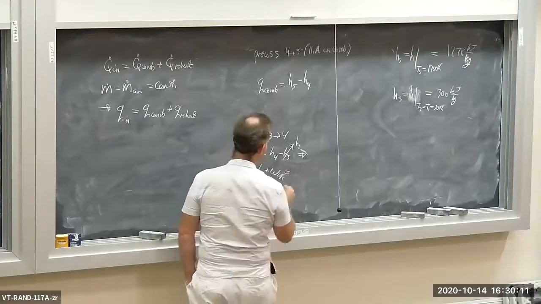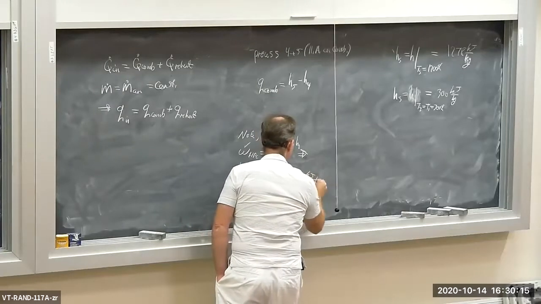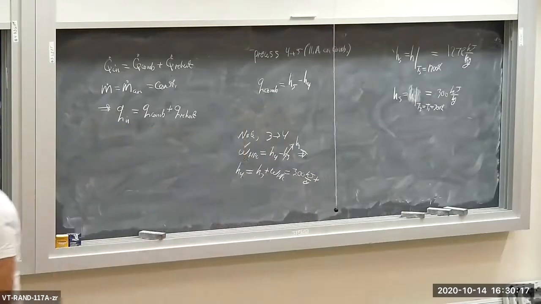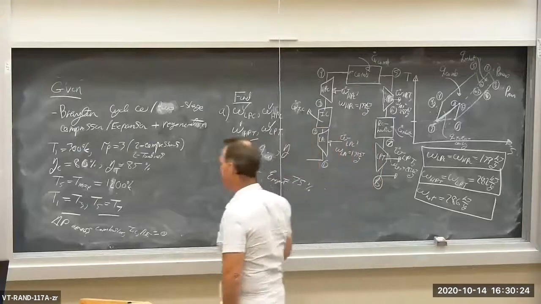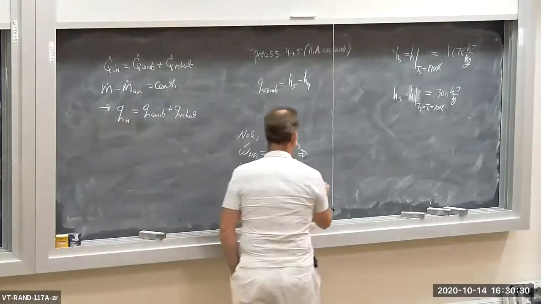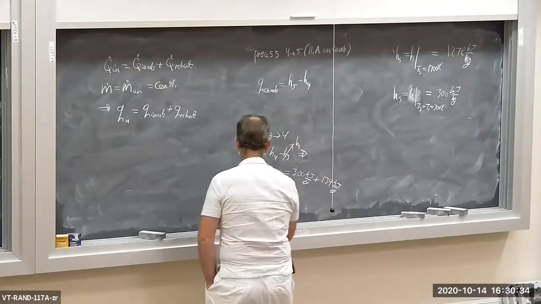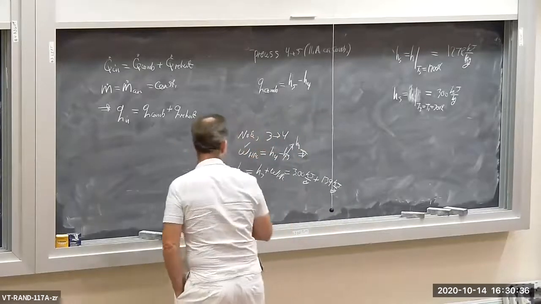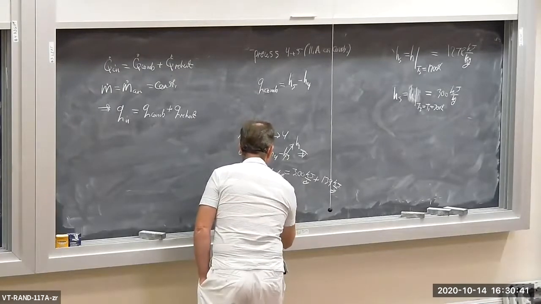H3 is 300 kilojoules per kilogram, and the specific work for my high pressure compressor is 139 kilojoules per kilogram. So 139 plus 139 kilojoules per kilogram. So H4 is equal to 439 kilojoules per kilogram.